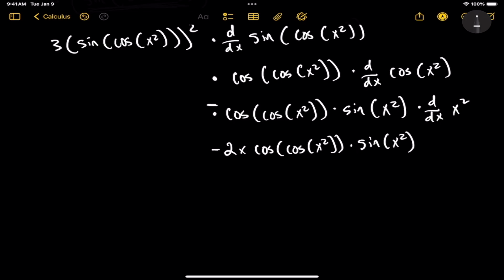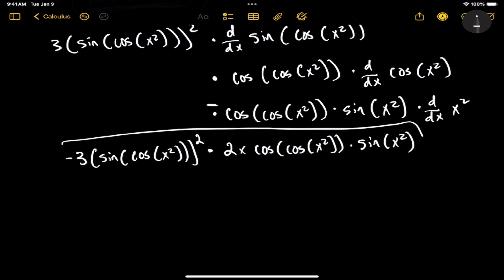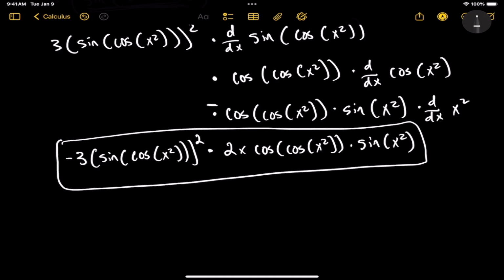And then, of course, you can't forget. Actually, let's move this negative since we're rewriting it. Let's move it on the outside here. Negative 3 sine cosine x squared, and the one final parentheses there, squared. And that, ladies and gentlemen, is your final answer.